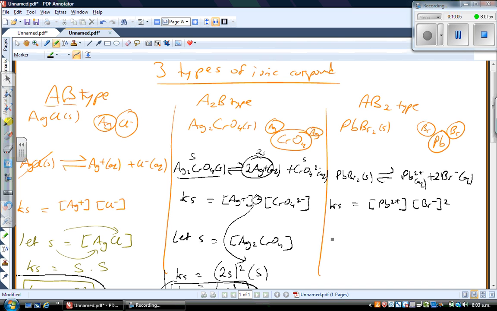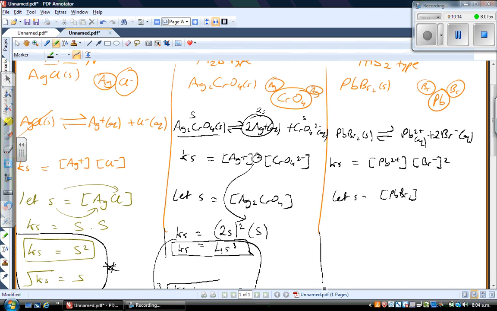And then again, if you let S equal the concentration of PbBr2, then the Br- is going to be represented by 2S, because you get two of them for every mole of the compound, and then Pb2+ is represented by S. So it's the same situation again.